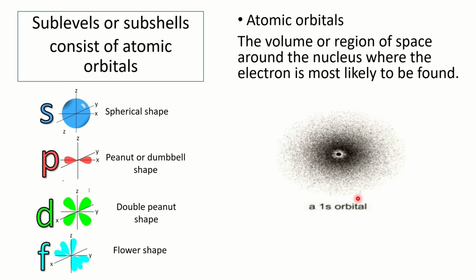If you can see here in our diagram, this is the S orbital. S orbital is spherical shape. The black dots are the probable locations of the electrons because we cannot determine the exact place of the electrons around the nucleus.